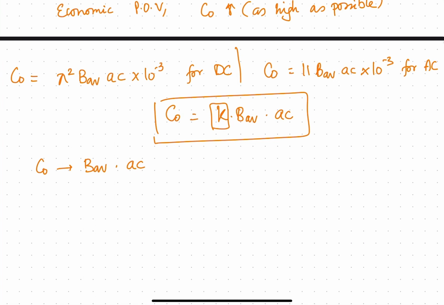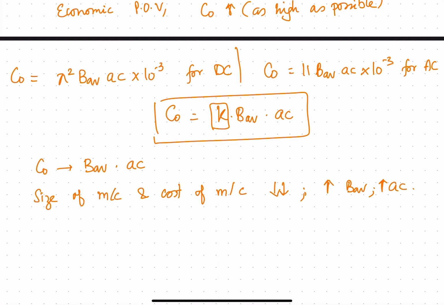The size of the machine, and hence the cost of the machine, decreases if you have a higher specific magnetic loading and a higher specific electric loading.